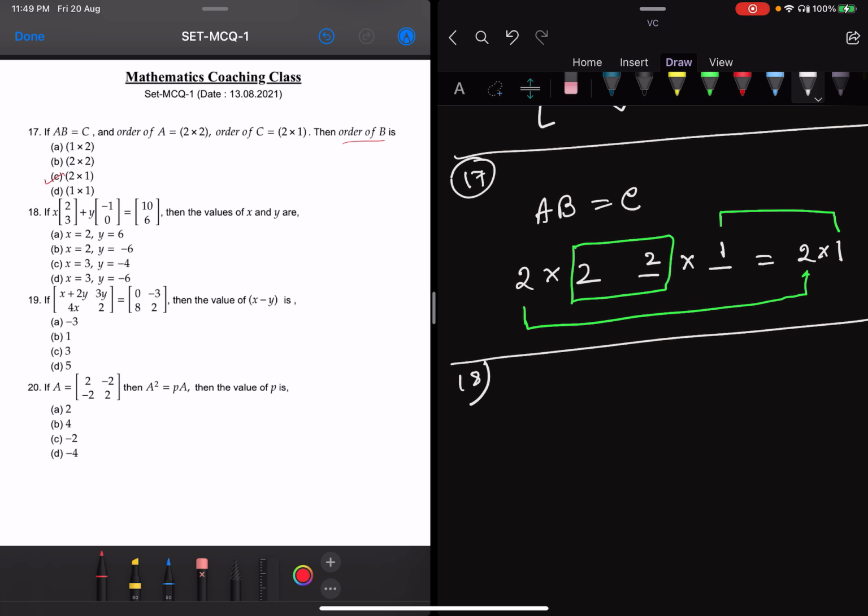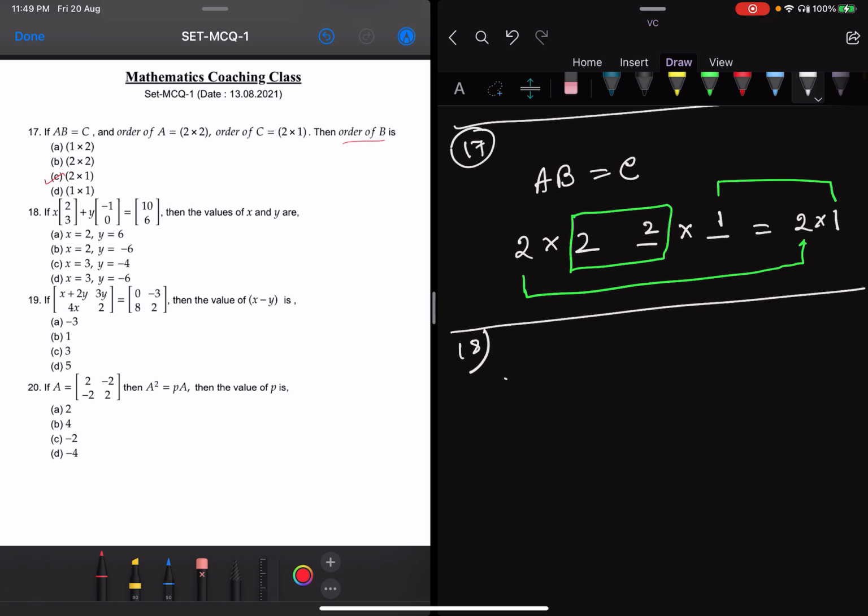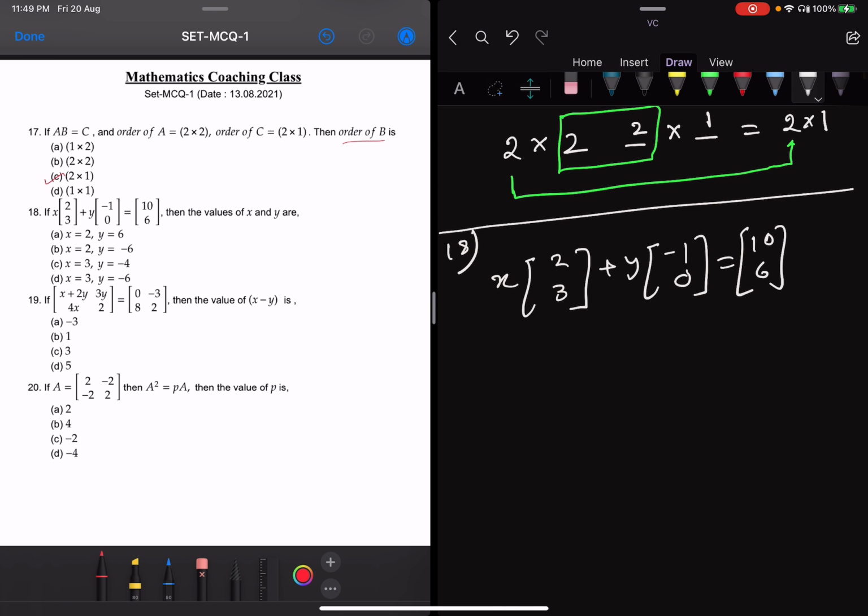Next, it is question number 18. For question number 18, you can see that it is x 2 3, sorry, plus y minus 1 0 equals 10 6. Now this is given like an equation.